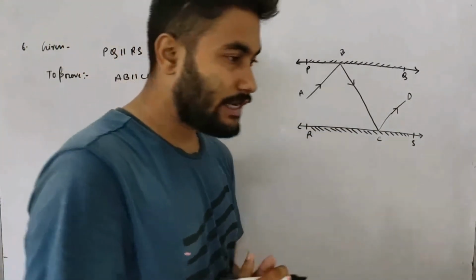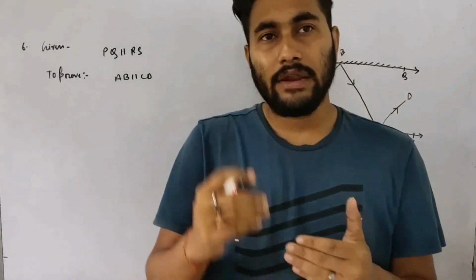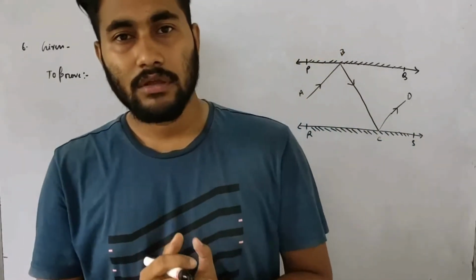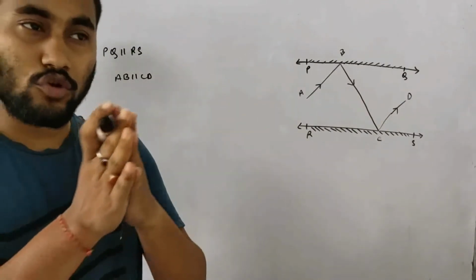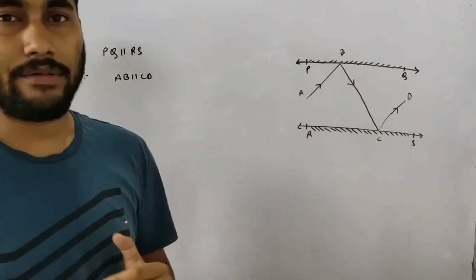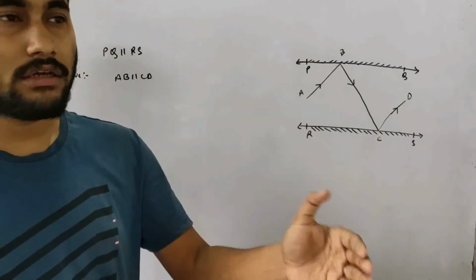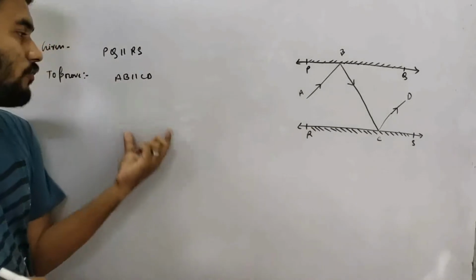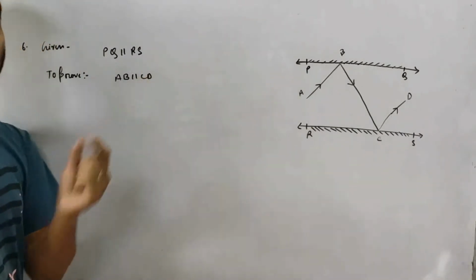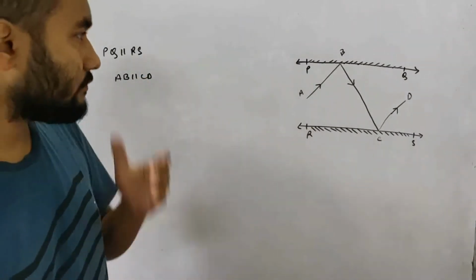I have said that if parallel is given, then alternate angles, corresponding angles. If we have to prove parallel, at first we have to show it is alternate, and then only parallel. If parallel, then alternate; alternate, then parallel. So before, we have to show alternate, then parallel. This will be the process.